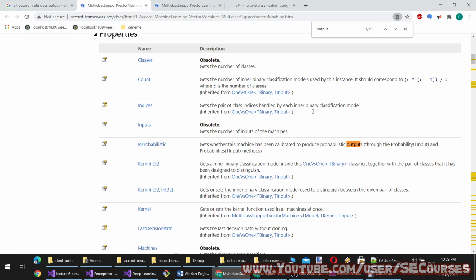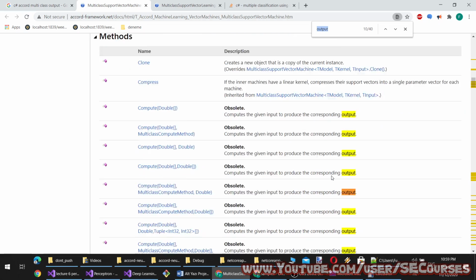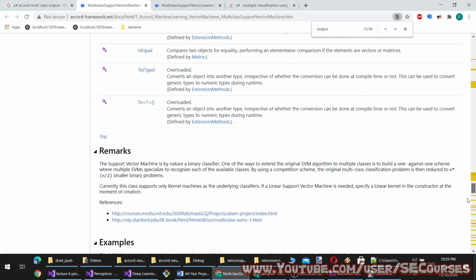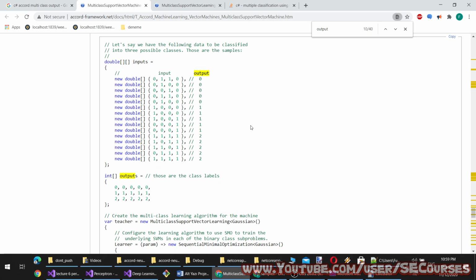Okay, so let's see if they put some output example. Okay, so this is how they put the output. Input output is 0, 1, 2. 0, 0, 0, 0. Ah, I see. Yeah, our output looks incorrect.